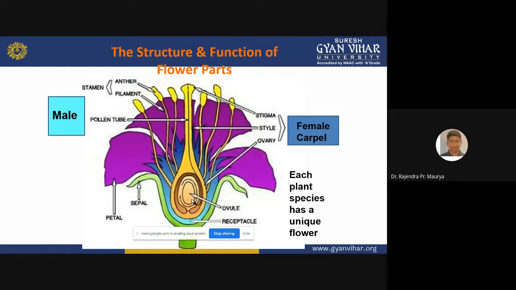After that, when this structure matures, the ovary is converted into fruit and ovules convert into seeds. So what are seeds? Seeds are mature ovules. What are fruits? Fruits are the mature or ripened ovary. So this is the basic structure of a flower.